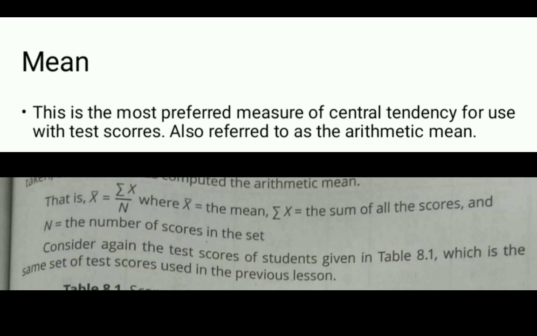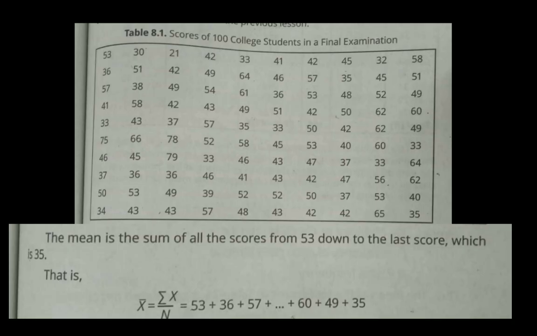Consider again the test scores of students given in a table, which is the same set of test scores used in the previous lesson. This is the table of scores of 100 college students in a final examination. The mean is the sum of all the scores from 53 down to the last score, which is 35.